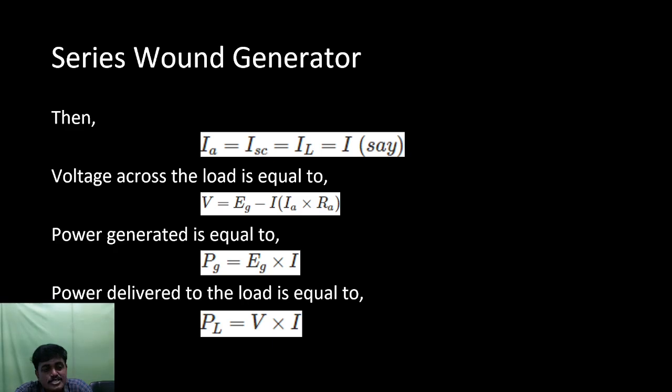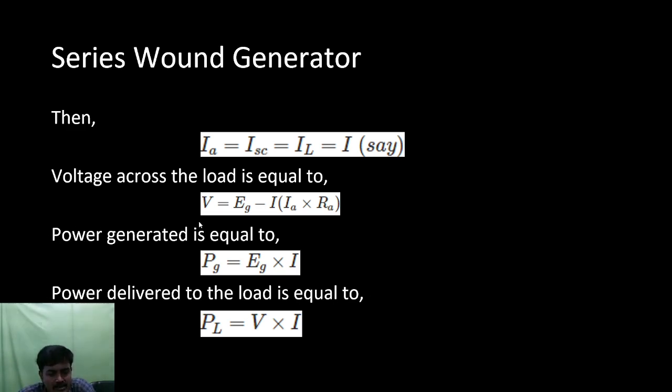For the analysis, as I already told, IA is equal to ISC is equal to IL is equal to I. In general, I can be denoted as IA, IL or ISC according to its position.